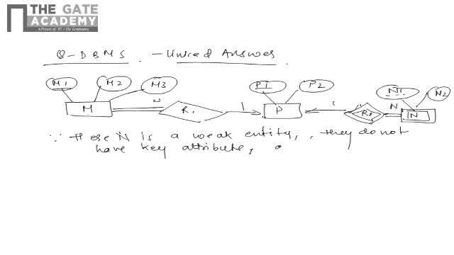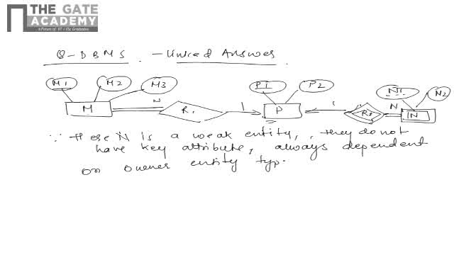And it is always dependent on the owner entity type, and here the owner entity is P, and it is dependent on owner entity P with the relation R2 in a 1 is to N relationship.